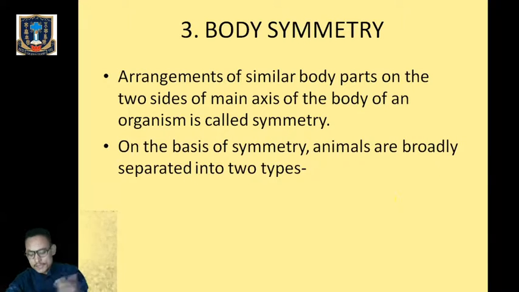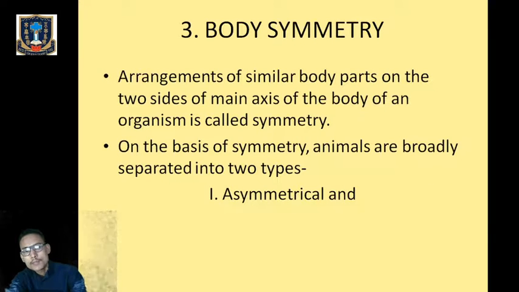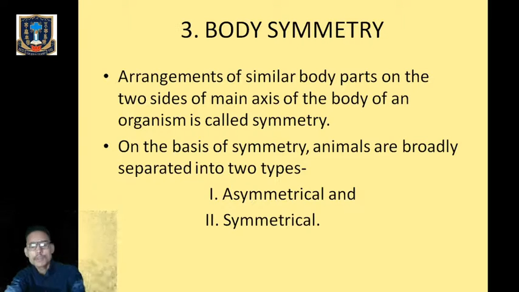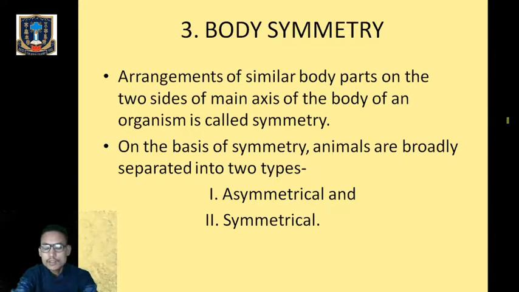On the basis of symmetry, animals are broadly classified into two types. What are they? We have got asymmetrical animals and symmetrical animals. On the basis of whether the animals can be divided into two equal halves with similar body parts or not, we have got two types of animals.